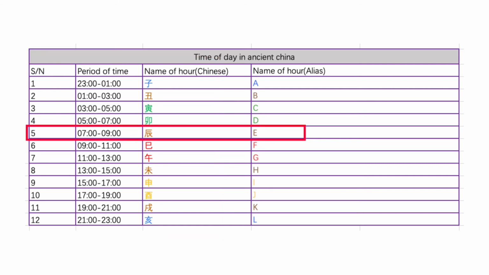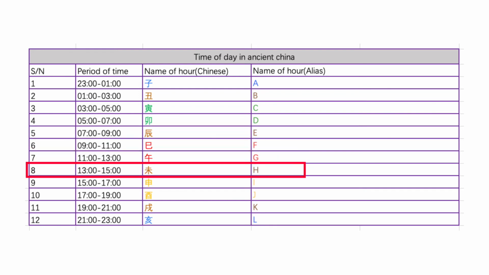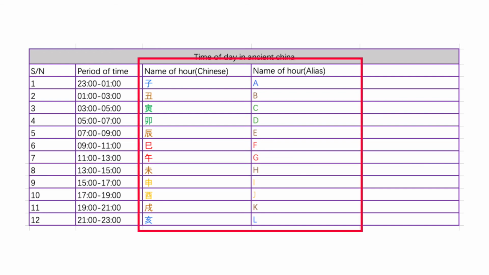Every day from 7 o'clock to 9 o'clock in the morning is called Chen hour, or Yi hour for short. Every day from 1 to 3 in the afternoon is called Wei hour, or H hour for short. Just like the name of the month, the terrestrial branch in the name of each hour is unchanged, but the heavenly stem is constantly changing.